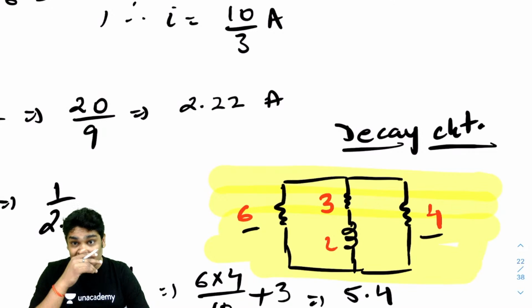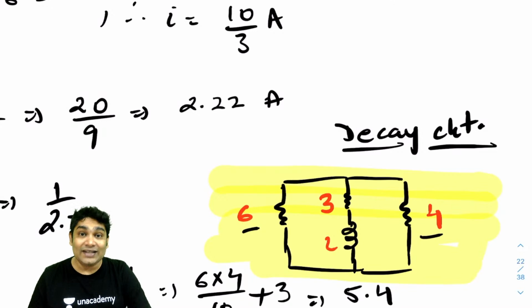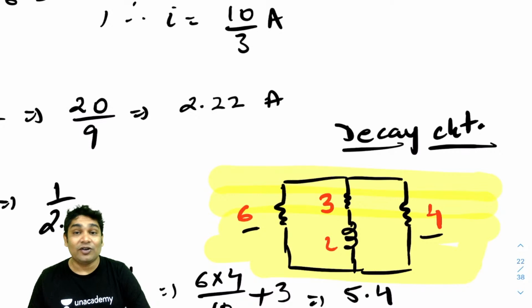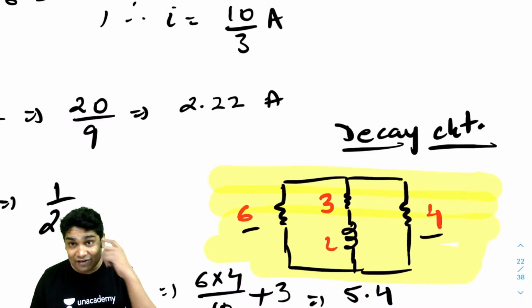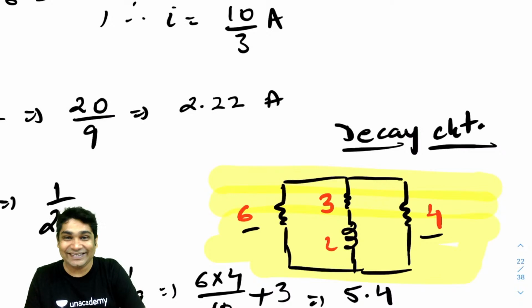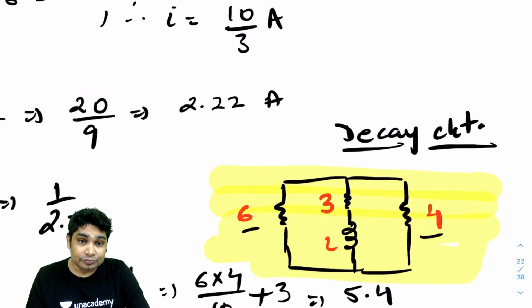So once I remove the battery, now let's see. What is happening is that the inductor behaves as a battery in the decay circuit. In the decay circuit, imagine instead of the inductor there was a battery. Now what do you see for this battery circuit? Do you realize that 6 and 4 are in parallel with each other and they are in series with 3? Okay, one problem at a time. So imagine that there was a battery instead of an inductor.